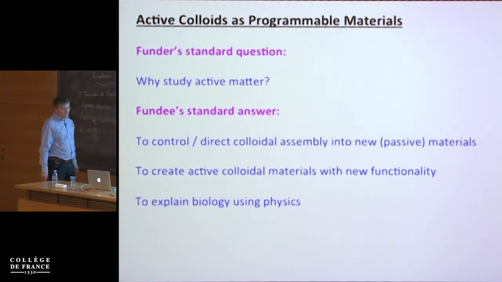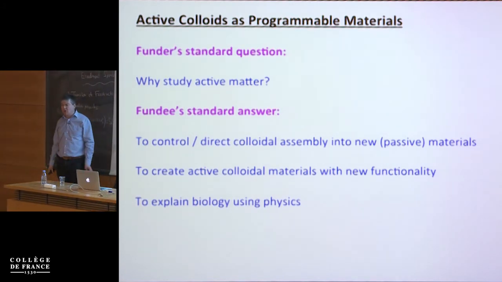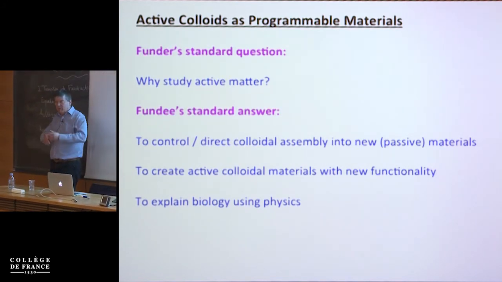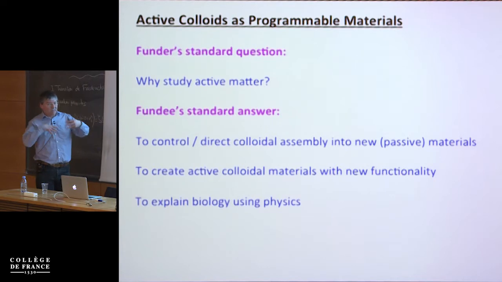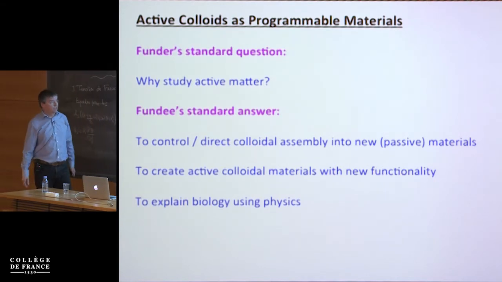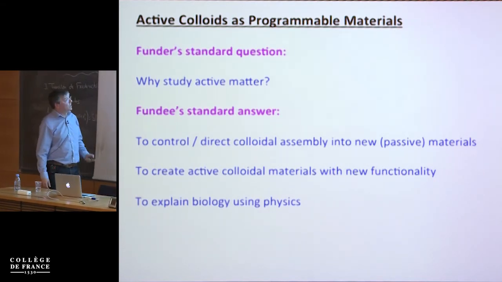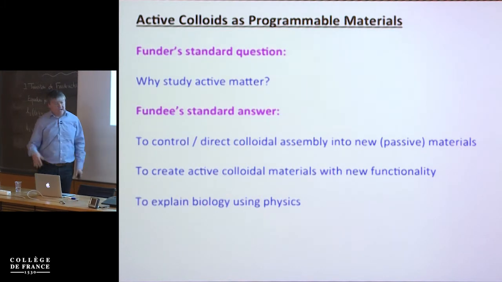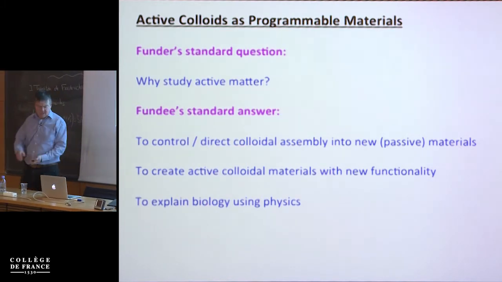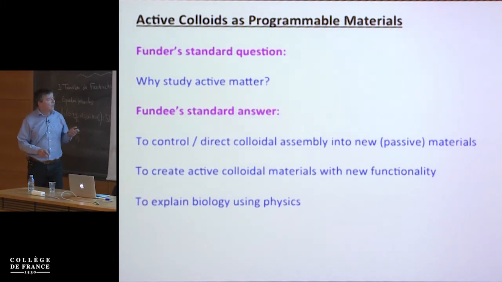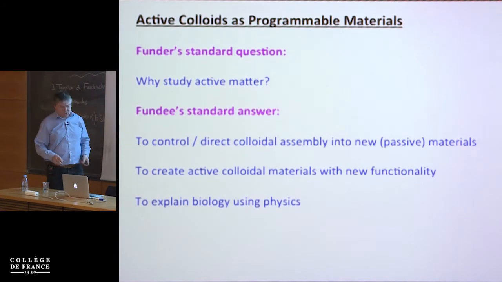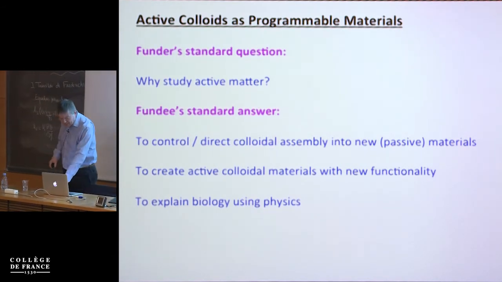One of the reasons for looking at, for instance, colloids with self-propulsion is that we hope they might be directable or assemble into new types of structures, which may end up being, even without the self-propulsion, a new state of organization which can be useful for some application or other. But also, if you create active materials which stay active, then there's the potential for new types of functionality there. And of course, there's always a biological motivation as well.